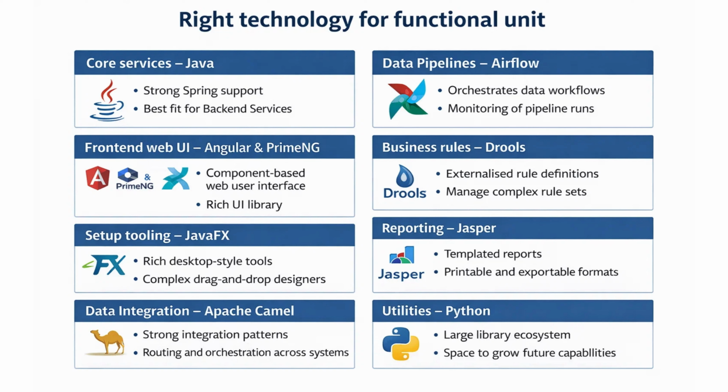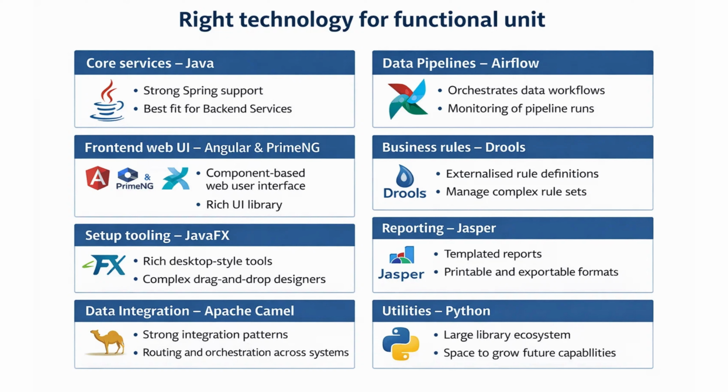For data integration, Apache Camel provides strong integration patterns, along with routing and orchestration across systems. On the pipeline side, Airflow orchestrates data workflows and provides monitoring of pipeline runs, so data processes are visible and controlled.